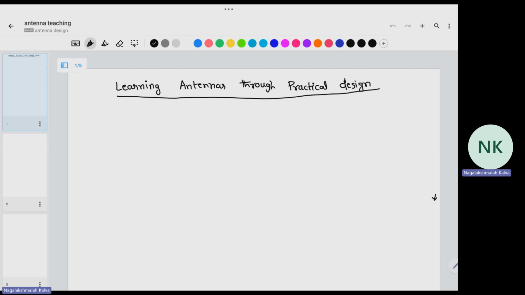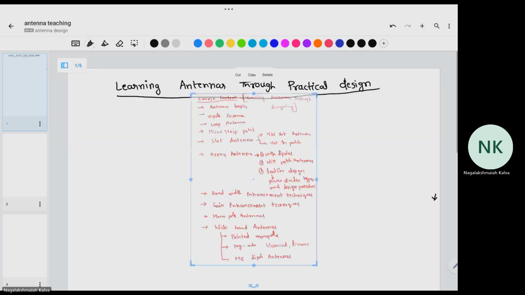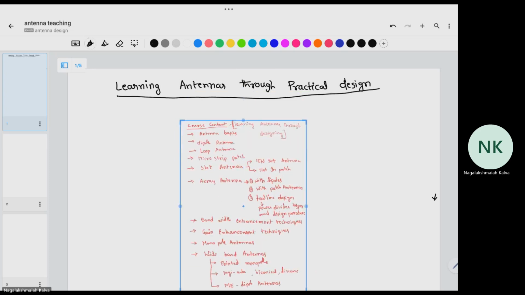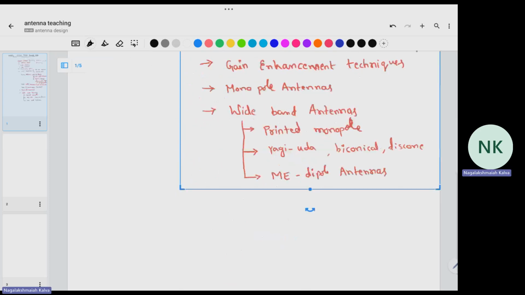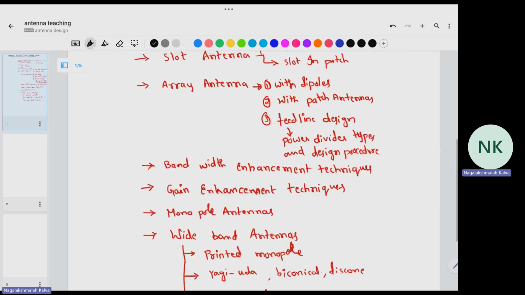So here the course content is planned in this way.